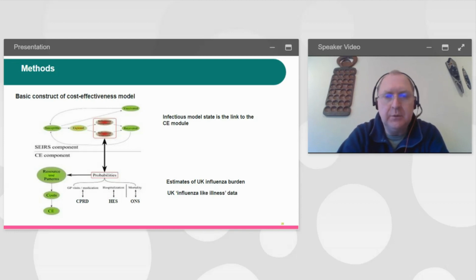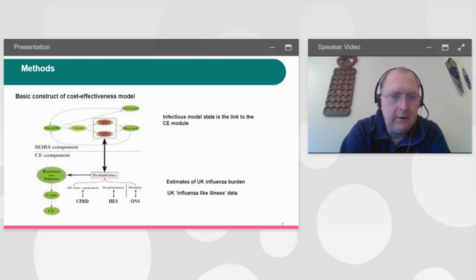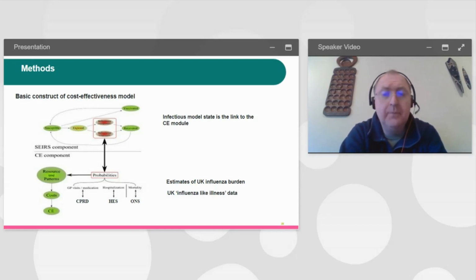So people who then develop disease and become infectious, and those infections may either be asymptomatic or symptomatic. That's why there are two boxes there. And a proportion may die, unfortunately, or may go on to recover with naturally acquired immunity, so that the recovered class there are immune to infection.